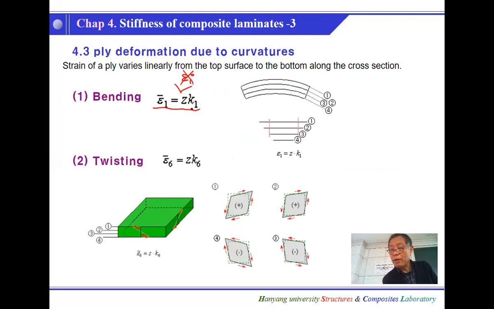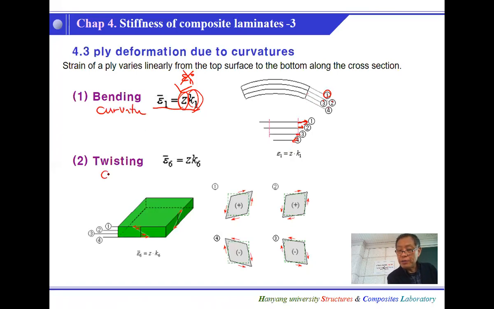Let's say we only have curvatures, and zk1, what does it mean? 1, 2, 3, 4, just for example. This top has the extension, a little extension here. Now the lower part is the compression. Compression means not the stress, but the deformation-wise. So this is the bending curvature.